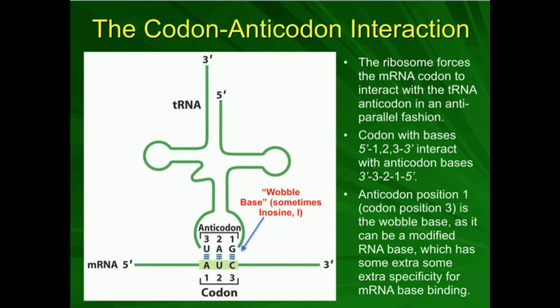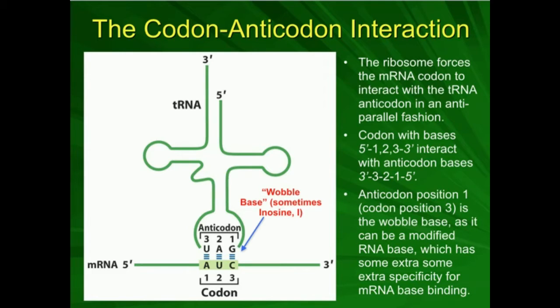Now, on the 3' end right here, there would have been a 3' OH group, but through the action of an enzyme that we're about to look at, that OH group on the 3' end gets ligated to an amino acid. And so, by the codon interacting with this anticodon of the tRNA, you have this amino acid here on the 3' end. So the codon literally, by this interaction, facilitates the bringing in a specific amino acid right here.